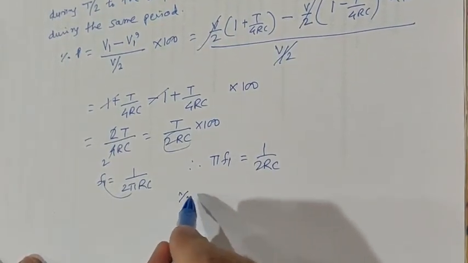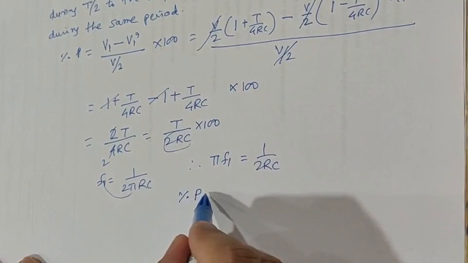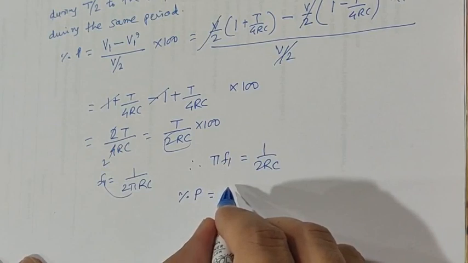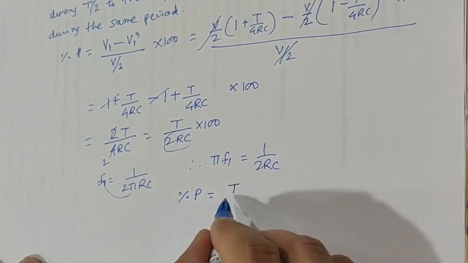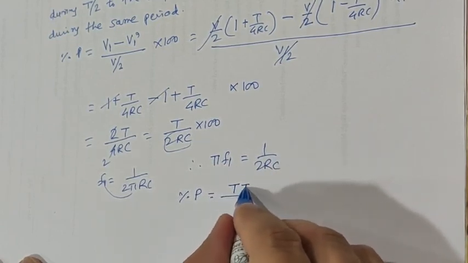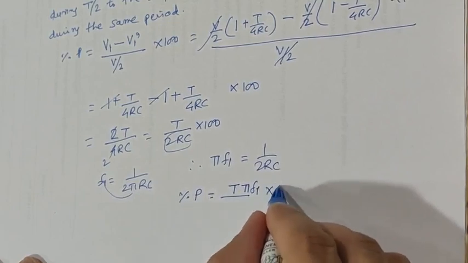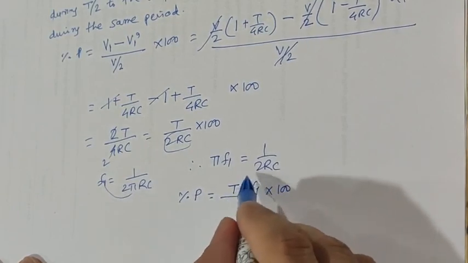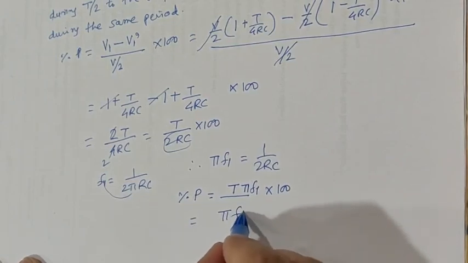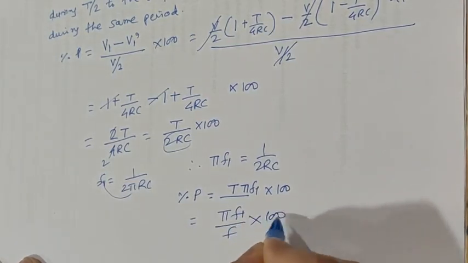So the percentage tilt, or P, I will just replace it. So it is going to be capital T, twice RC is replaced by pi F1. So T into pi F1 into 100. But capital T is 1 by F, so I can write it here, pi F1 upon F into 100%.